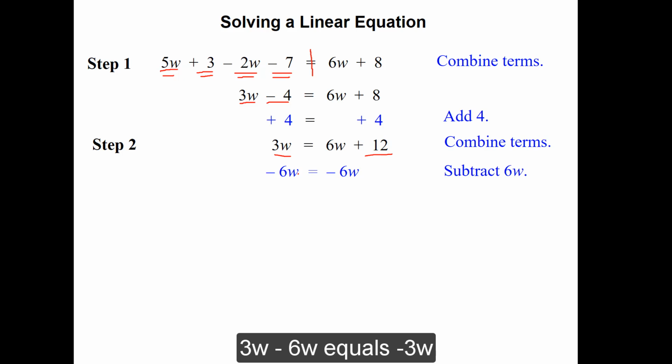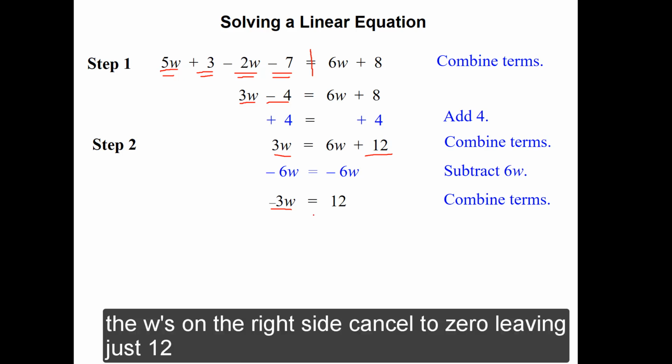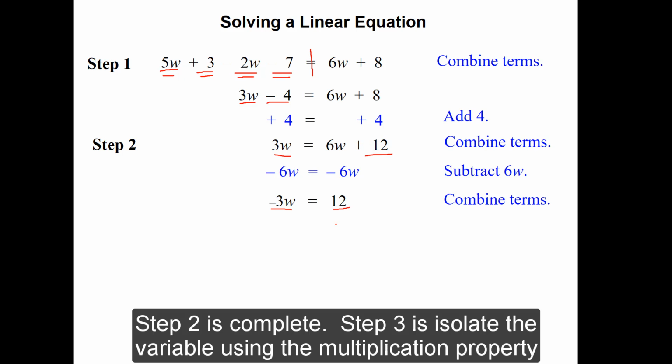And when I combine those terms together, 3 minus 6 yields a negative 3W, or minus 3W. And these w's cancel each other out to 0, leaving me just a 12. Step 2 is complete. On to step 3, I will isolate the variable using the multiplication property.